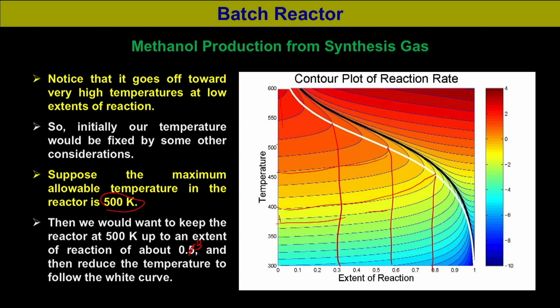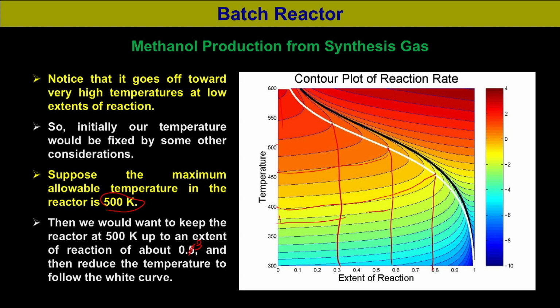This means that this is a temperature close to which we cannot keep up to 500. So, we may keep the temperature up to this, where the conversion is about 0.3, and then reduce the temperature to follow the white line. So, we need to reduce the temperature to about 450 and then run for a certain period of time to reach the conversion over here.